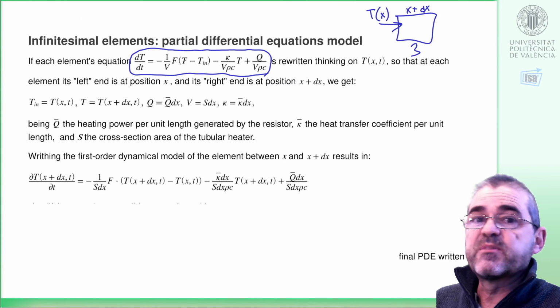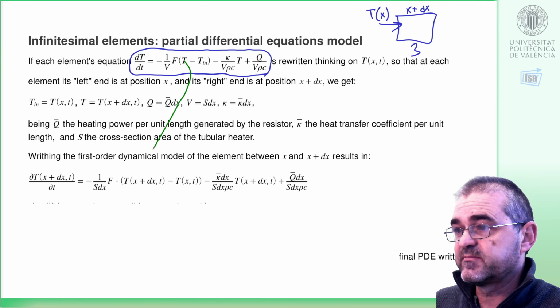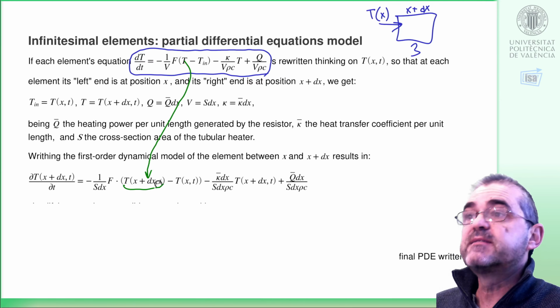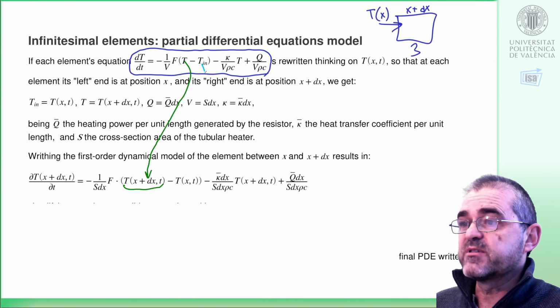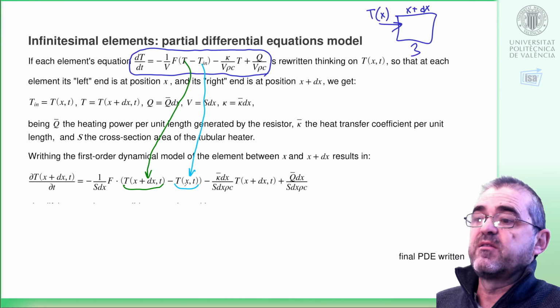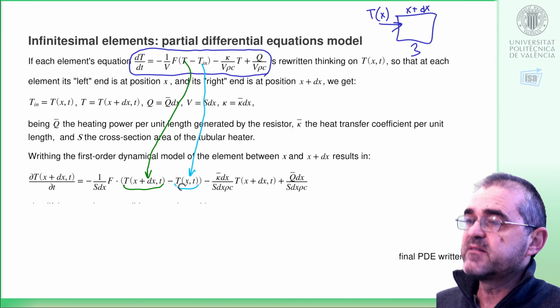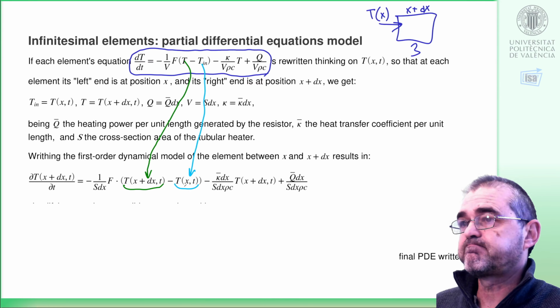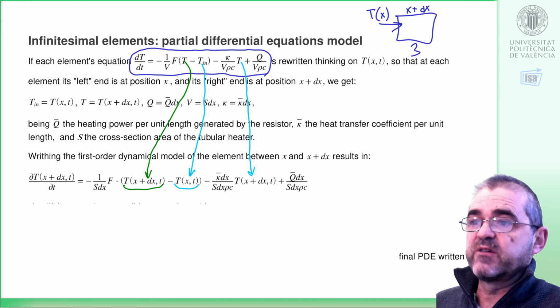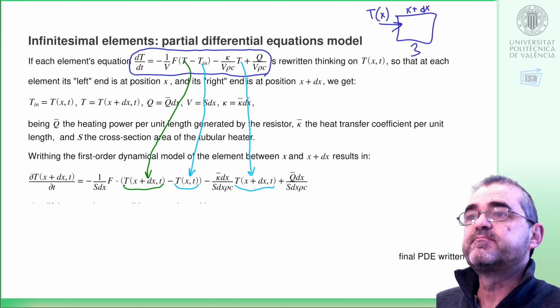This thing, the temperature of the element at x plus dx, will be this thing at instant t. Input temperature will be that of the preceding element, T of x, t. Capital T of the element we are considering is this thing.